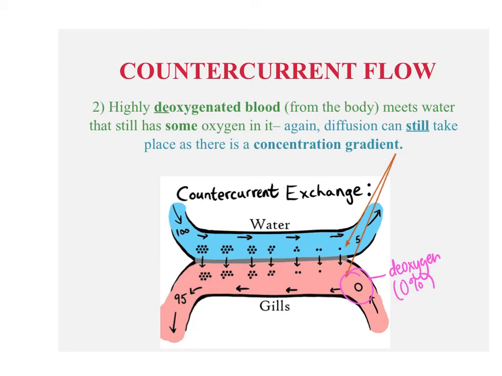But at that point, the water has still got 1 molecule of oxygen in it. So again, we've still got a concentration gradient. No matter how small, it's still there, so diffusion can still take place. We've still got that concentration gradient, and the idea of maintaining a concentration gradient down the length of the gill is key.